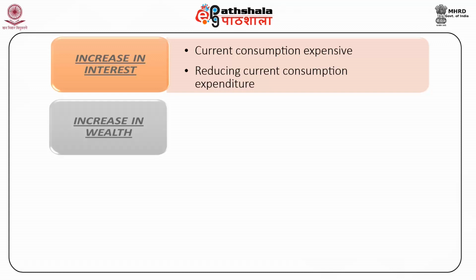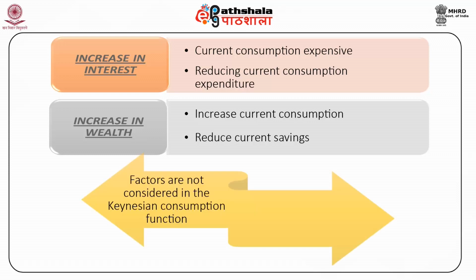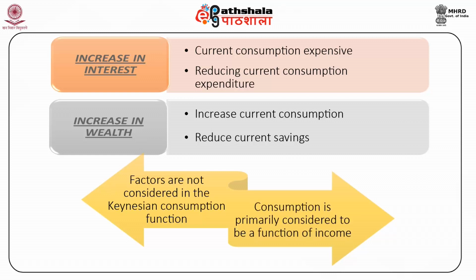An increase in wealth of a consumer, an inheritance or sudden gain, is likely to increase current consumption and reduce current savings. However, these factors are not considered in the Keynesian consumption function, and consumption is primarily considered to be a function of income.